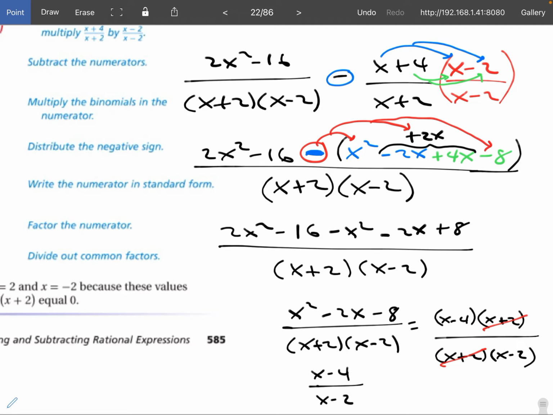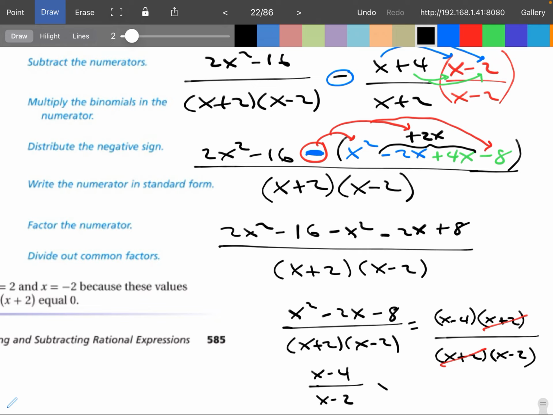Yeah, it can't be negative 2 because that would cause division by 0. So we're going to make a little note here: x is not equal to 2. I could have put plus or minus 2, I guess, but x can also not equal negative 2. So that's your final answer then.